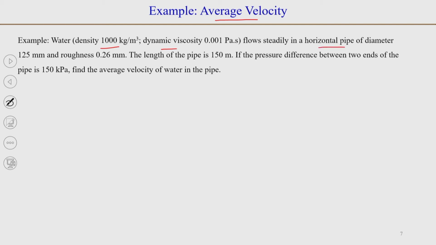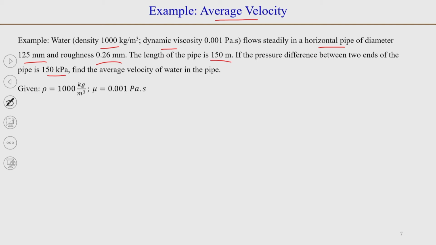Horizontal pipe means Z1 is equal to Z2. You have been given the diameter, the roughness and the length of the pipe. It says that the pressure difference between the two ends of the pipe is given, so you have also been given delta P, and we need to find the average velocity.